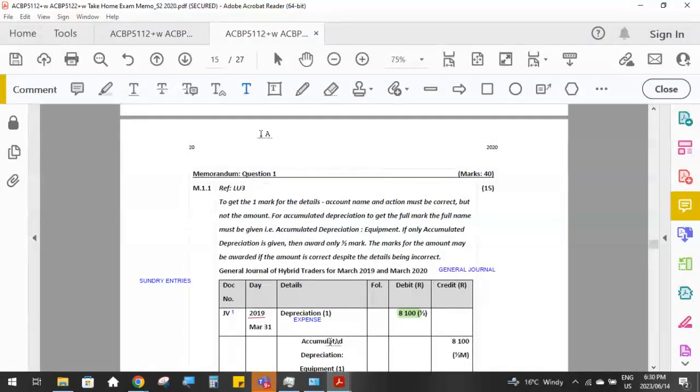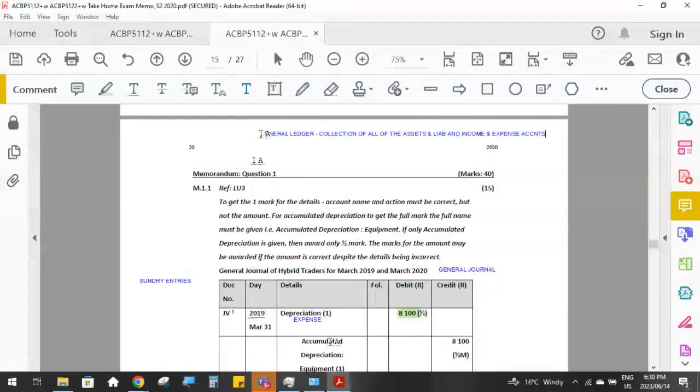When we are talking about the general ledger, that is the collection of all of the individual balance sheet and nominal ledger accounts, all of the assets and liabilities, and all of the income and expense accounts.